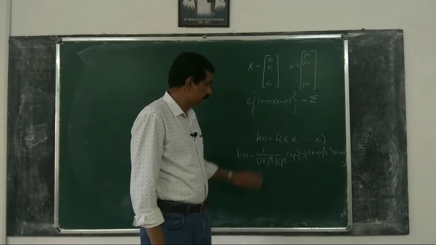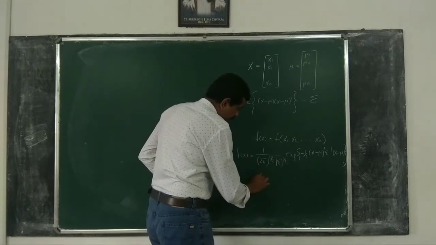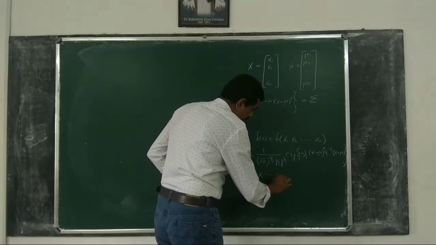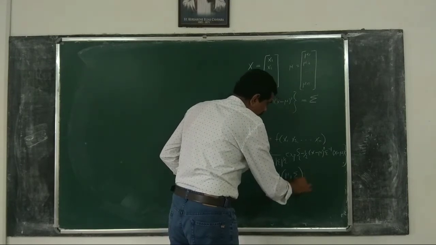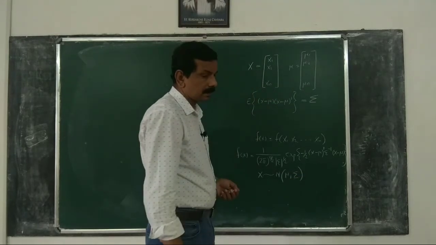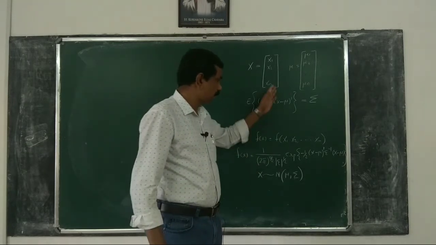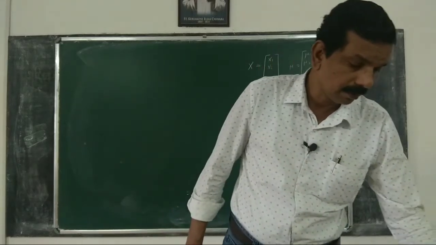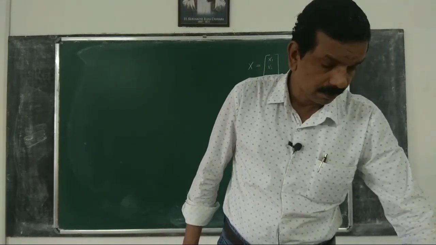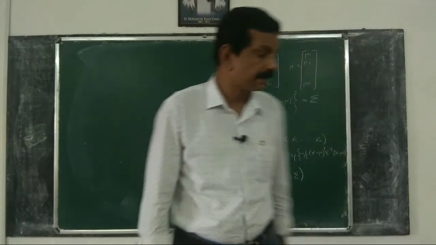And we write this multivariate normal PDF compactly as x distributed normal with mu and sigma. And as we have stated earlier, if there is only one random variable, then we have what is known as the univariate PDF.